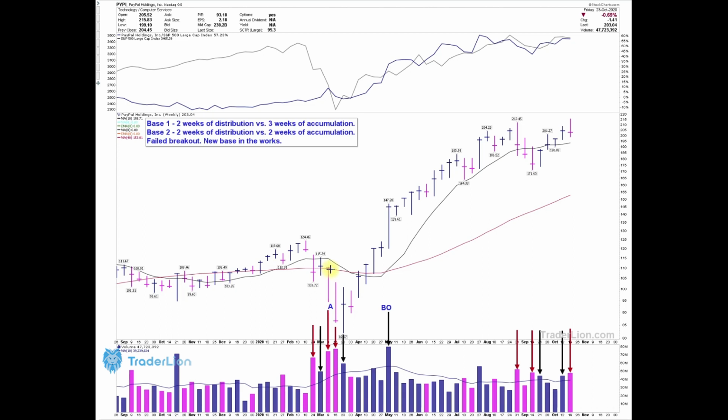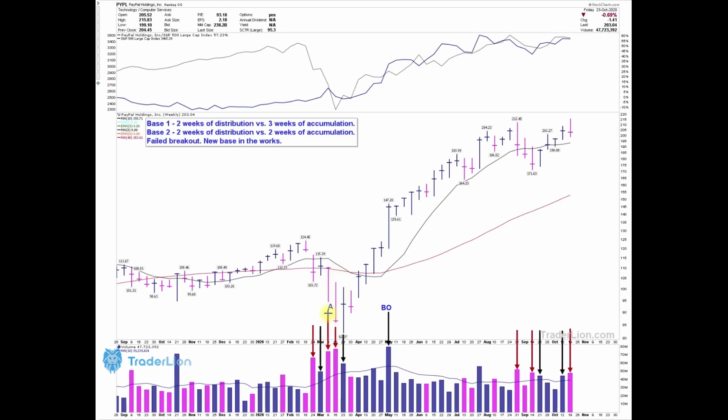We still finish down from the week before, but this is a hammer candle. If we were looking at candlesticks, this is your hammer's handle and this is the head of the hammer. This is a clear week of accumulation, even though it's a pink or a down week per se.